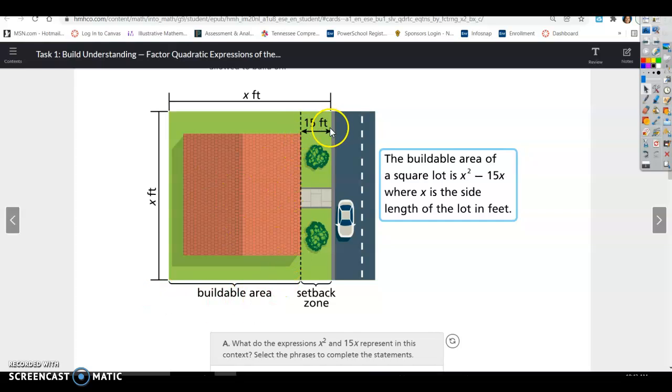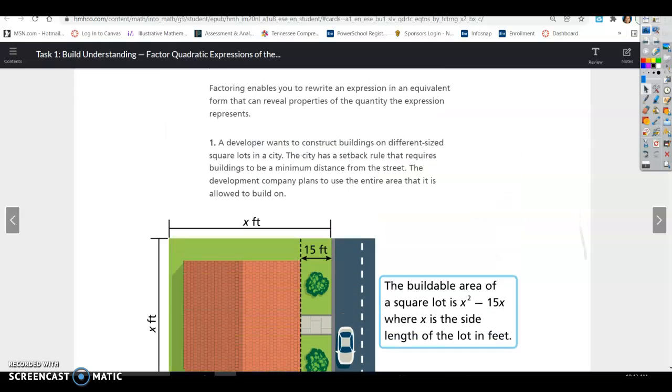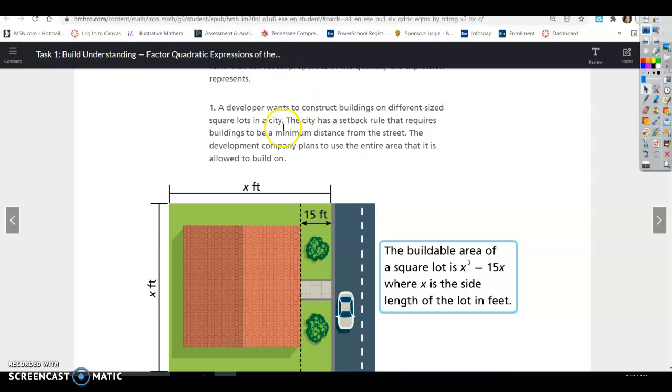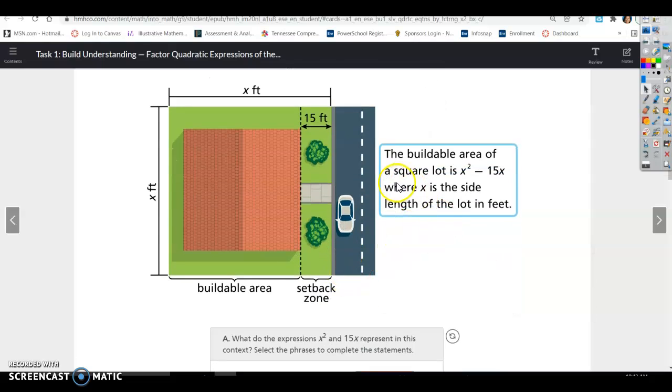Again, in the city rules, there's a 15 feet setback. So it does say a minimum distance is 15 feet from the road. So the buildable area of a square lot is x squared minus 15x, where x is the side length of the lot in feet.